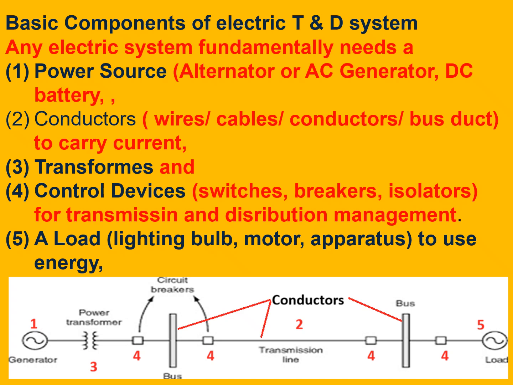I have just omitted them elsewhere. So the first item is the generator. The last item is the load. In between, all items are connected through conductors. Conductors may be in the form of buses, and we need several control devices throughout the circuit.